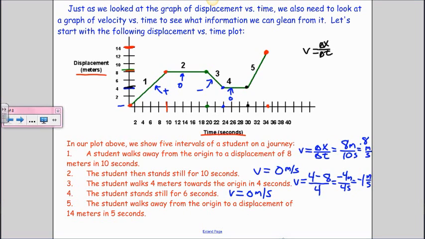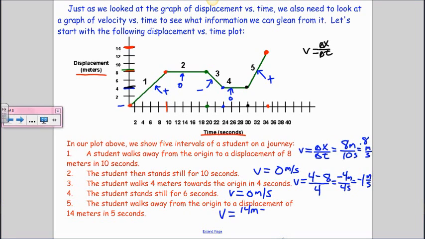Go ahead and take a guess as to part 5. Is this going to be a positive velocity or negative velocity? It's going to be positive. The slope is going up and away. This is going to be a positive velocity. And let's calculate it. So, the ending displacement for part 5 is 14 meters. And the starting displacement was 4.